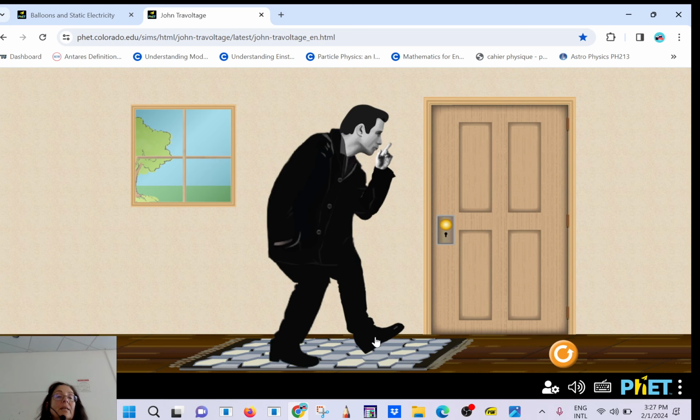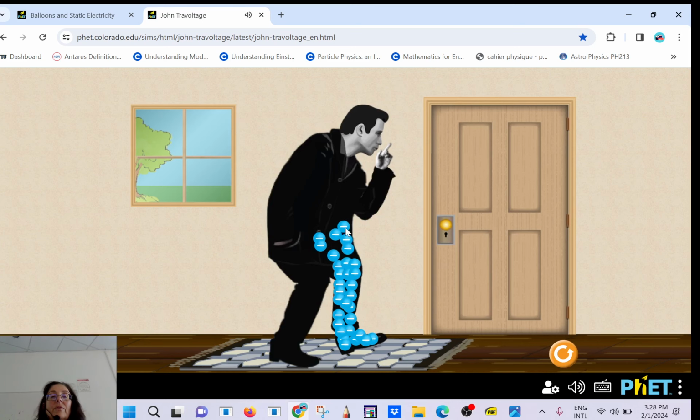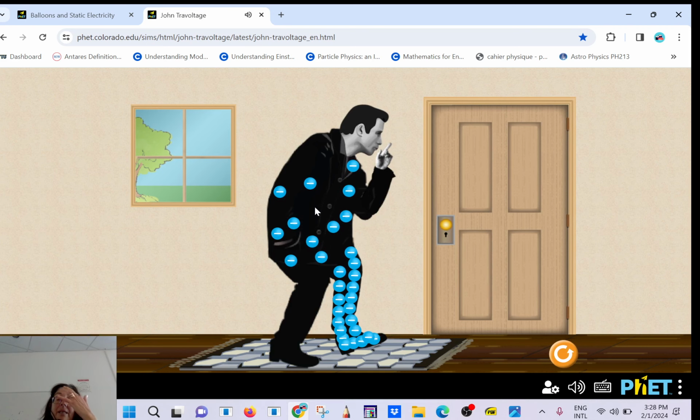But once the electrons are here, are they free to move? Yes, because he is a conductor, right? We are made of fluid. So the electrons here are going to move and they're going to move on the outside. If you wait long enough, when you reach static equilibrium, electrostatic equilibrium, they're going to move as far as possible from each other.